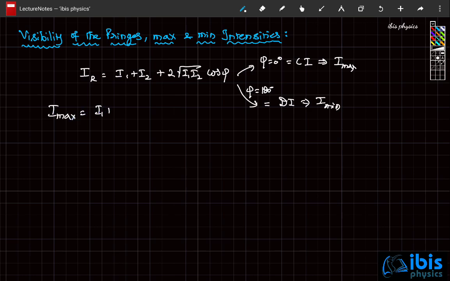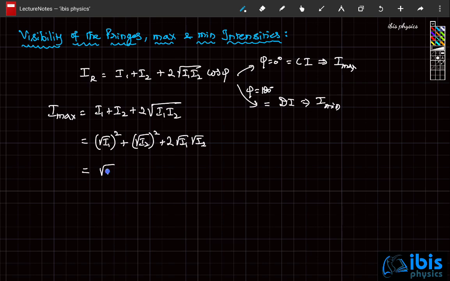So from here, I maximum equal to I1 plus I2 plus 2 root over I1 I2 and cos 0 degree, which is 1. So this can be written as root I1 whole square, I2 is root I2 whole square, plus 2ab.